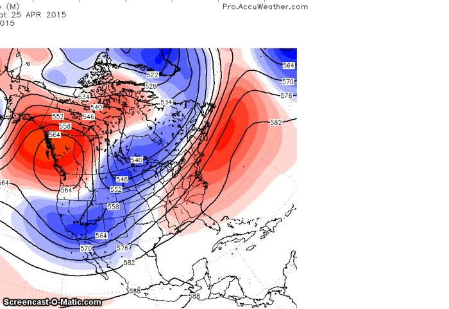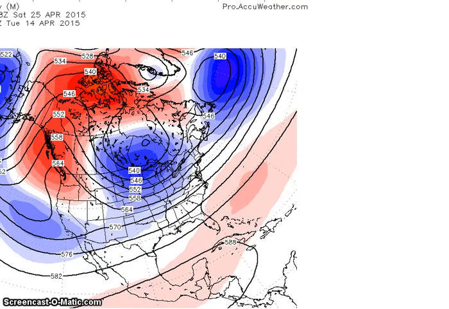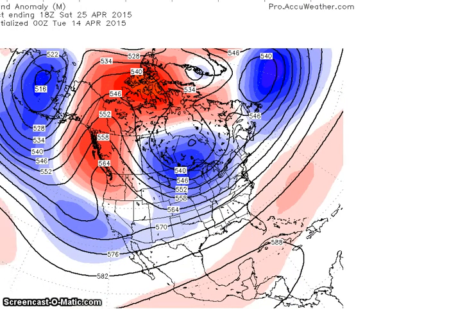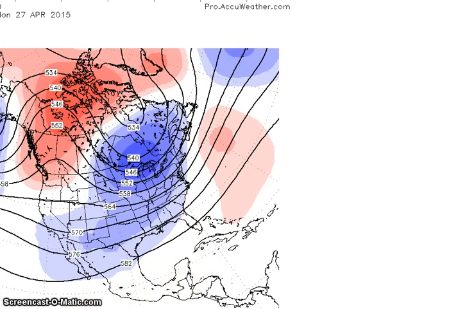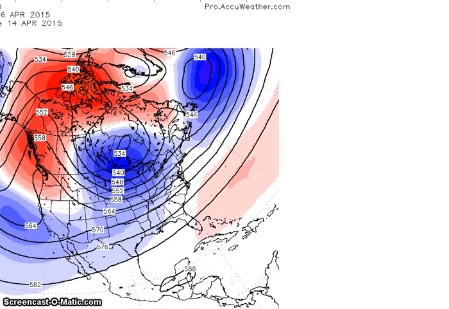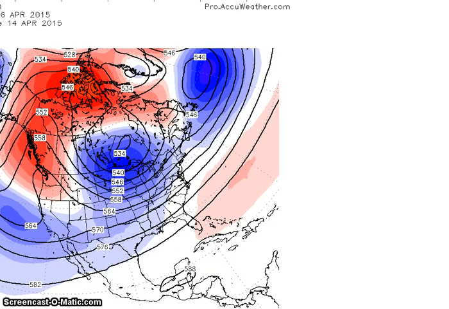The GFS and the European ensembles, and then we're going to look now at the Canadian ensembles, which have a weak trough across much of the nation, and the Canadian run forecasts a ridge over western Canada, the northwest, and a trough in the east.